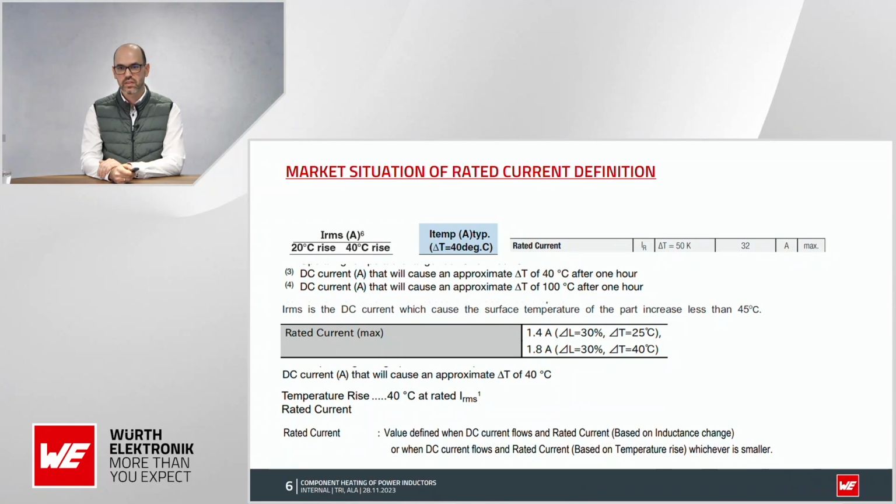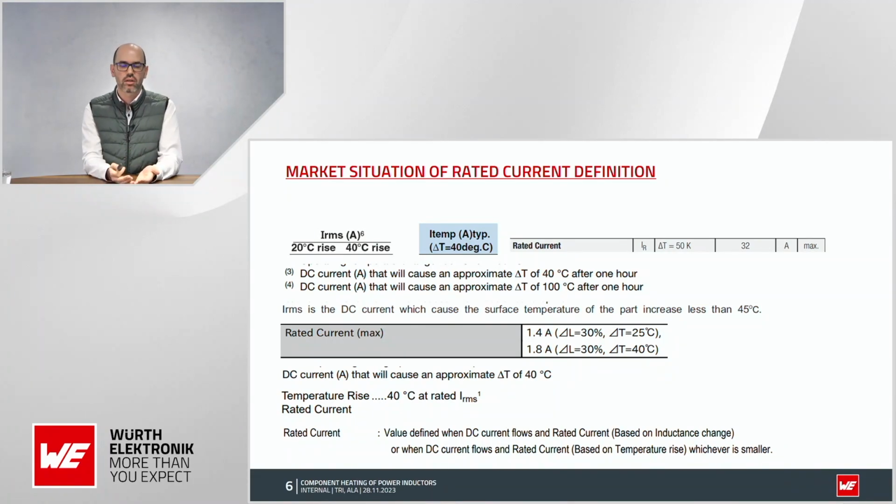So as you can see, to name the rated current in the data sheet is already pretty difficult. Everybody is doing it the best way they think, which is okay, but the disadvantage is it's pretty hard to compare these values, because with such a variety of specifications, how should you know which value suits the best for my application?